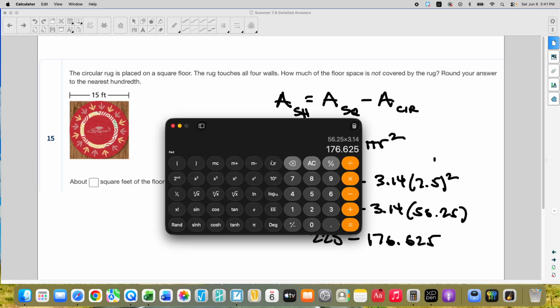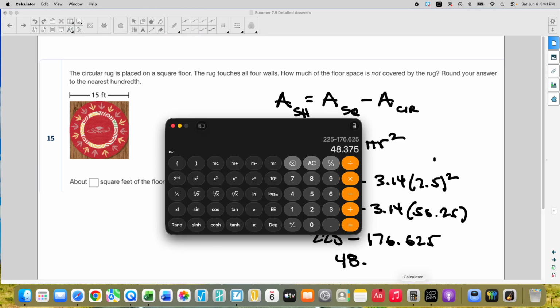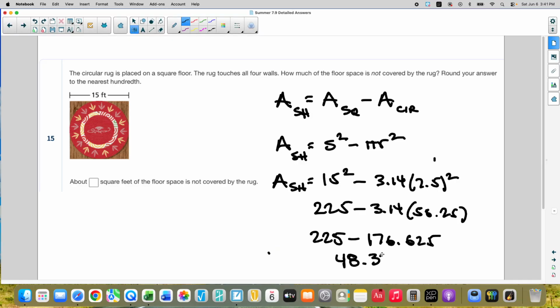Let's remember it. Let's clear. Let's take 225 minus, oh, I forgot to do memory plus, sorry, remember. So that was 176.625, gives us 48.375.